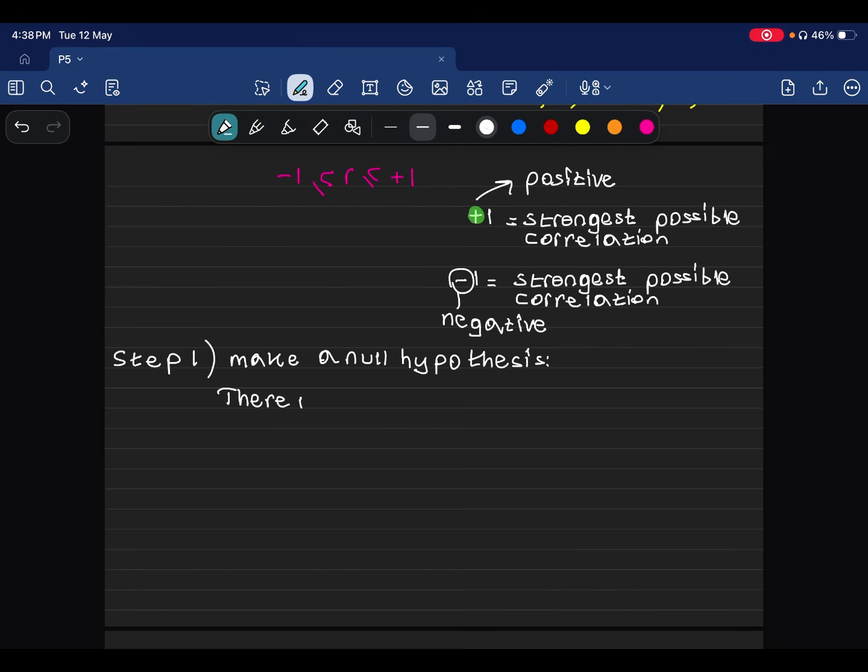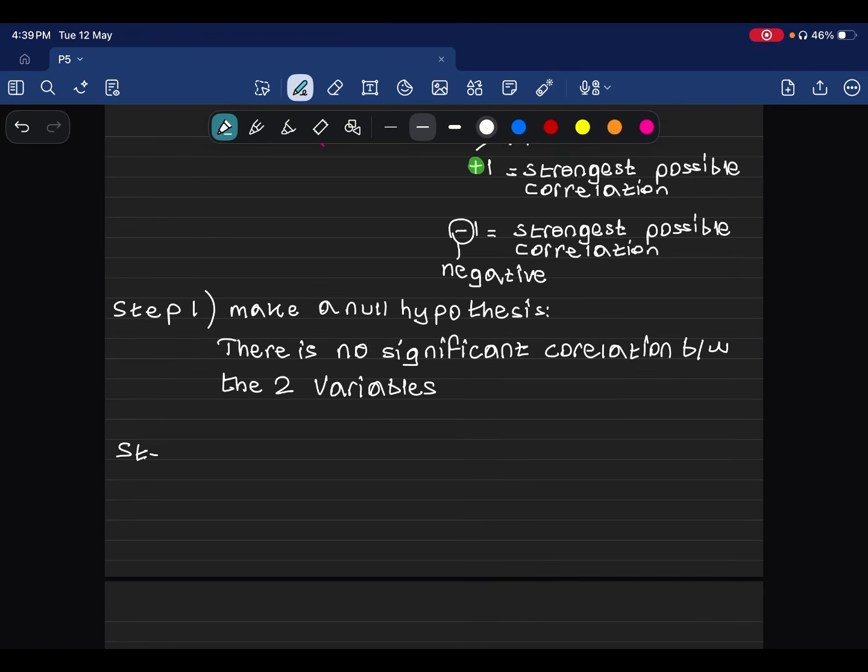Simple as that. Step number 2, calculate the R value. We already looked at that just a minute ago. So calculate the R value. And now you know what's coming next. Step number 3, use the Pearson's table of values.